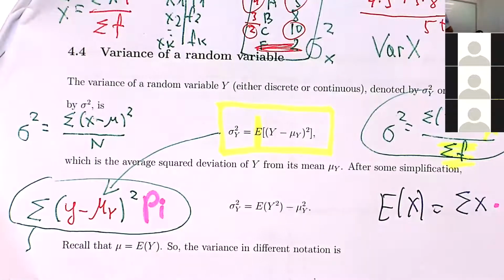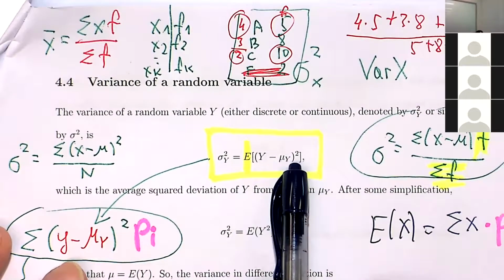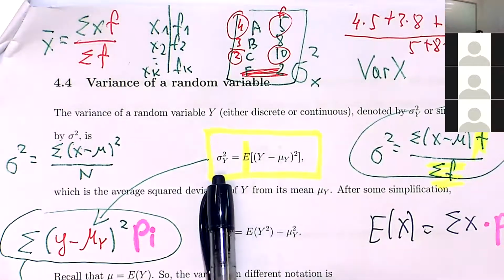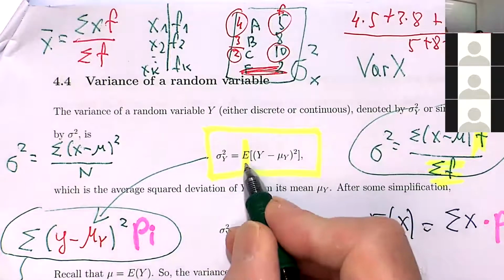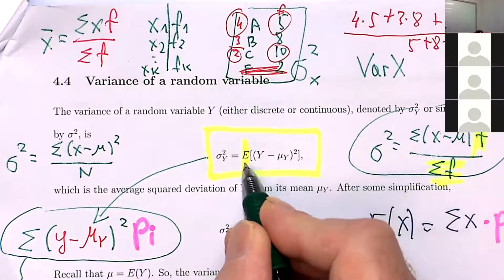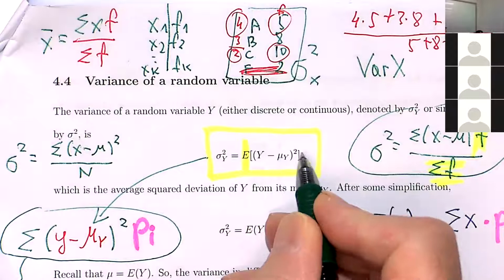Okay. However, let's try to read this formula. What is the variance of some random variable? This is the expected value. Now we are going to translate the expected value with the average: average of the squared deviations.